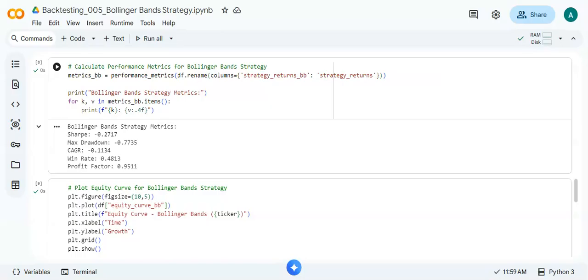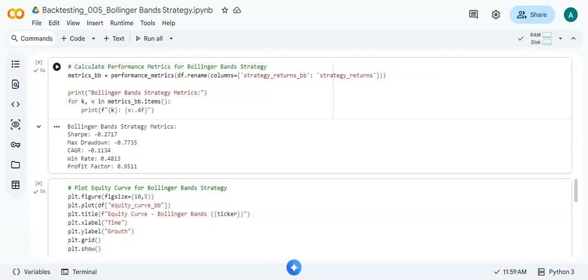So it is not even positive, it's not even zero, it's negative. This is a red flag. Maximum drawdown is huge, right? Let's say if we use 1 million USD at one point in time to enter, for example, 100 lots of stocks, we can lose 77% in one period of time. This is huge.